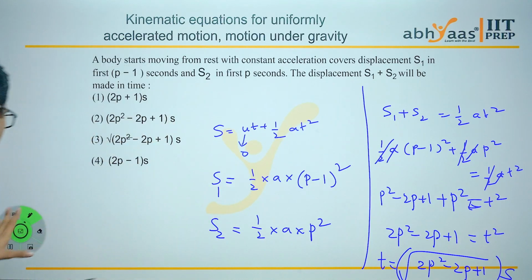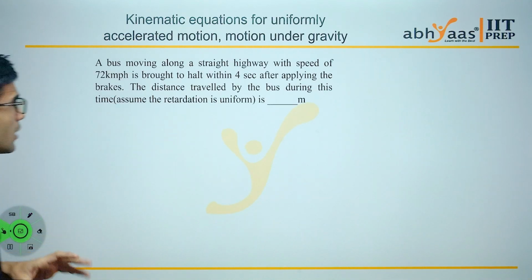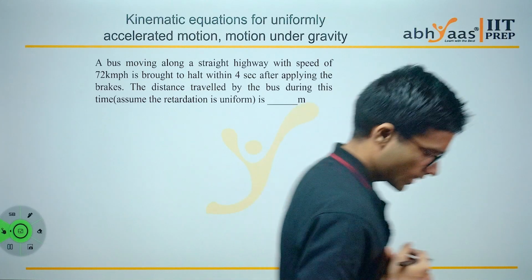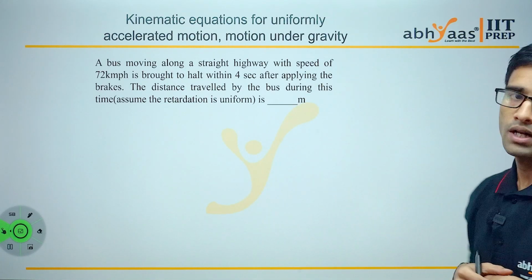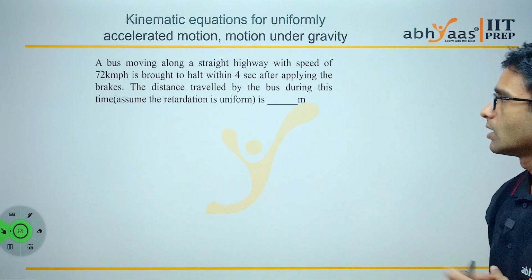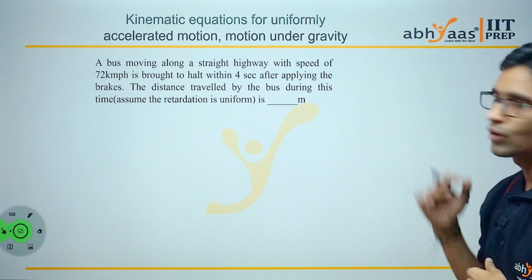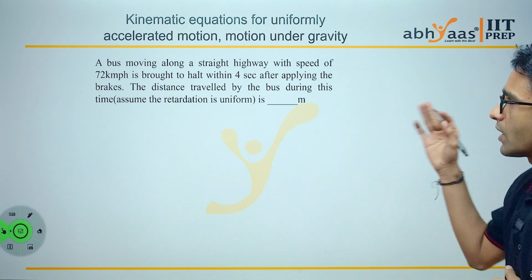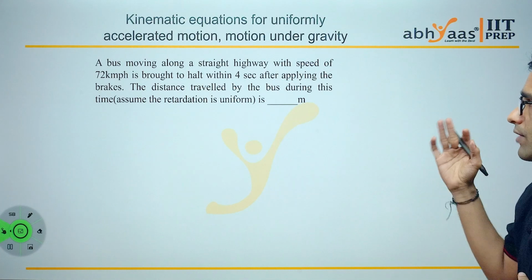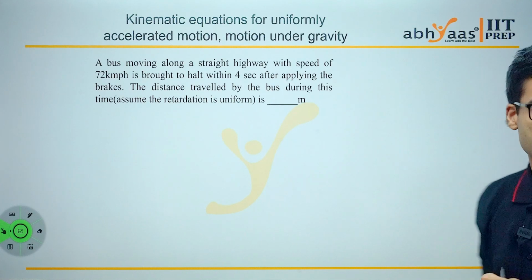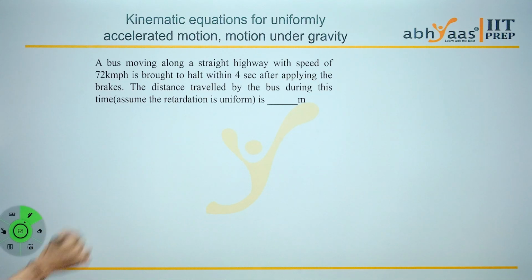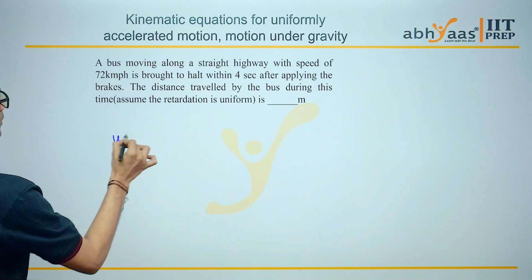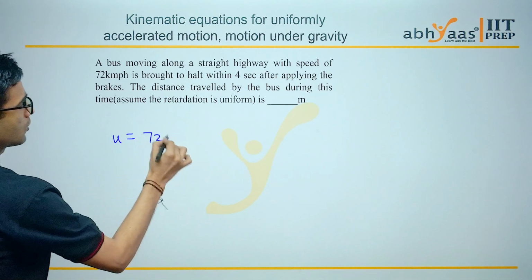Okay. Now going to the next question. Another question here. A bus is moving along a straight highway with speed 72 km per hour. It is brought to a halt within 4 seconds after applying the brakes. Find the distance traveled by the bus during this time. Here, if you observe, u is equal to 72 km per hour.